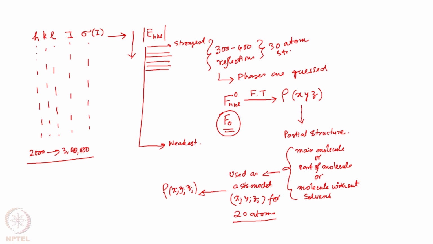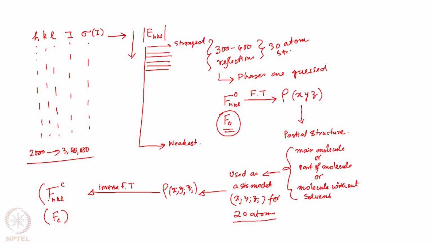So from this rho value, we then do a reverse Fourier transformation, or inverse Fourier transformation, to get the new values of FHKL, which we call the calculated structure factor from the structure model. In some textbooks, documents, manuals, etc., this is simply written as FC.